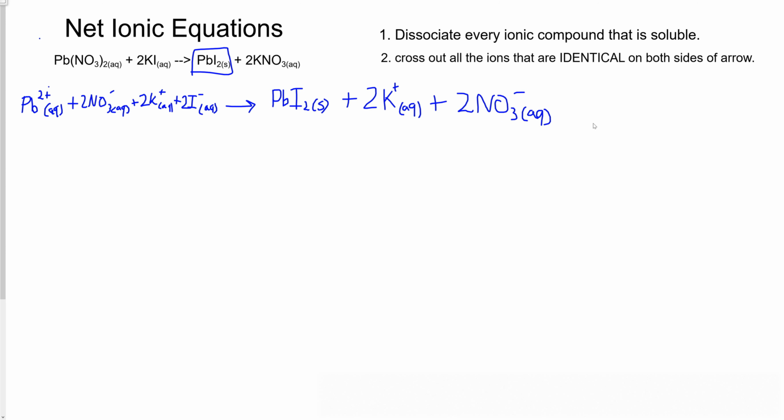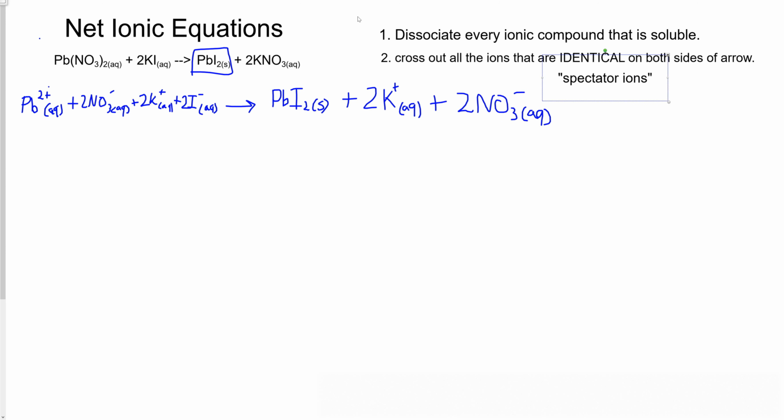The reason why we do this is because if you've got nitrate ions on this side and nitrate ions on this side, did they undergo a chemical change? No. They're just there. They're sitting around. We call them, in fact, spectator ions.